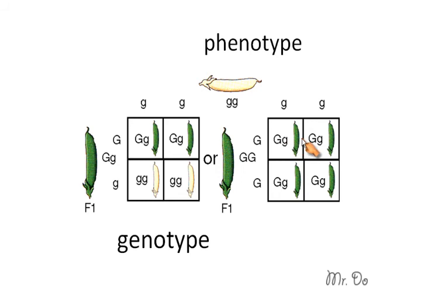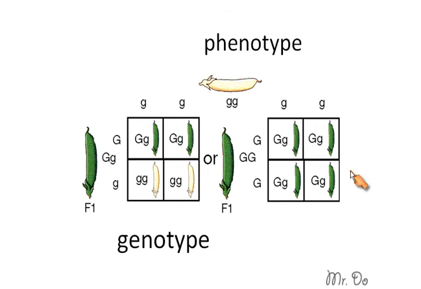And you repeat this for all the other squares. So you see that when you cross a normal parent with 2 big G and a recessive parent with 2 small g, the kids for the genotype would be all heterozygous, meaning one big and one small. And for the phenotype, they would be all green.